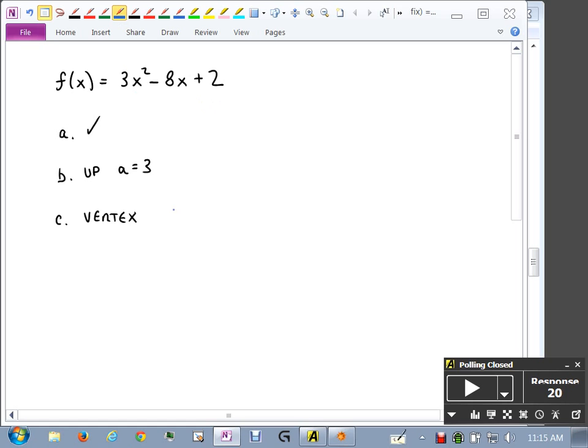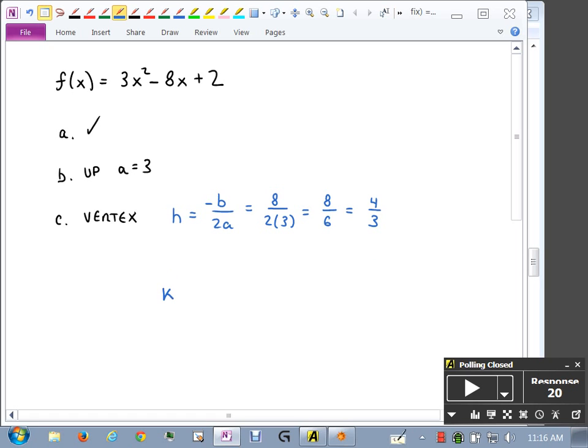Remember this formula to get h and k? h was negative b divided by 2a, which for us would be, what's negative b for us here? Positive 8 over 2 times 3. So this is 8/6, which is 4/3. And I'm going to leave it as a fraction. So that's what the h is.